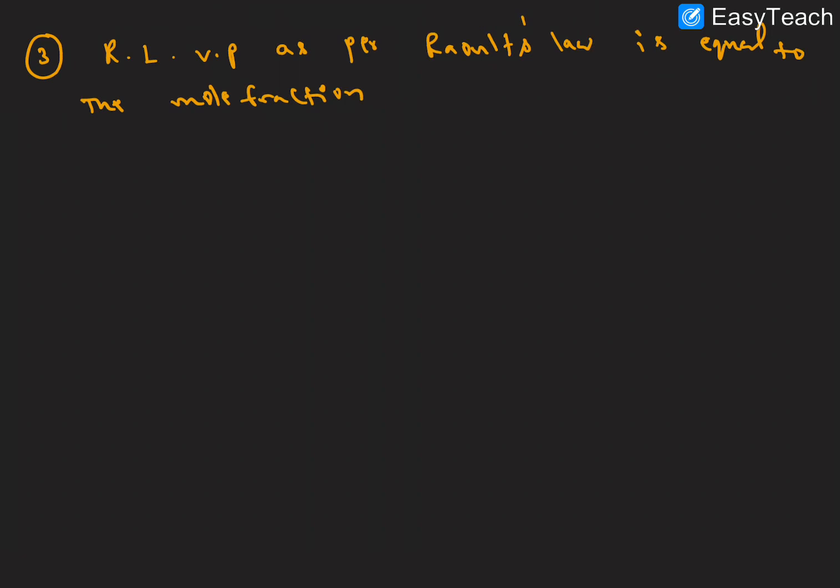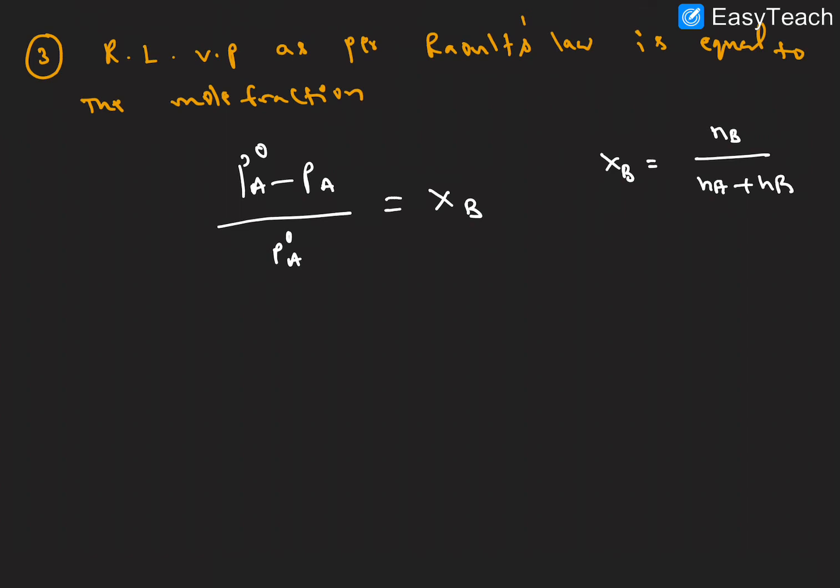So here, relative lowering of vapor pressure: P naught A minus PA by P naught A equal to mole fraction of B. What is the mole fraction of B equal to? Mole fraction of B equal to number of moles of solute by total number of moles of solvent plus total number of moles of solute, right? One component by total number of components in the solution is called the mole fraction.